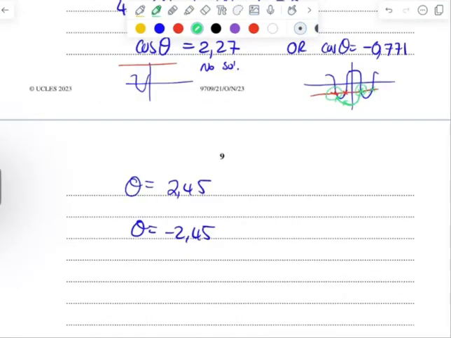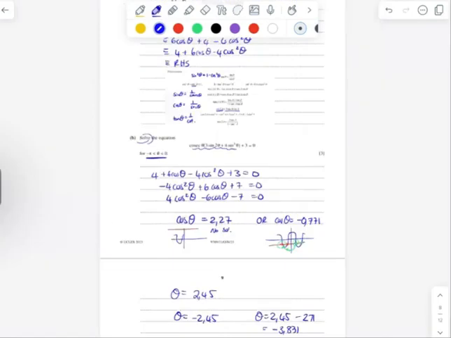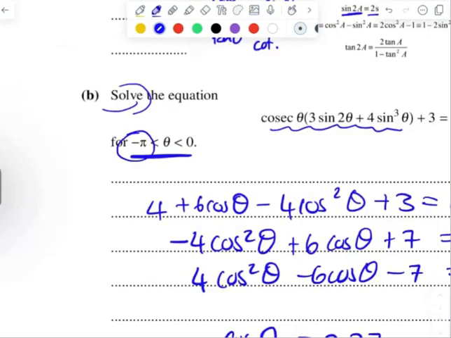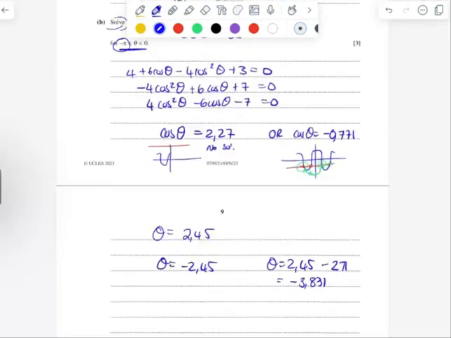So theta is also equal to 2.45 minus, and it's not 360, it's minus 2 pi. So 2.45 minus 2 pi gives me a negative 3.831, but they only wanted me to go up to pi, not to minus 2 pi.